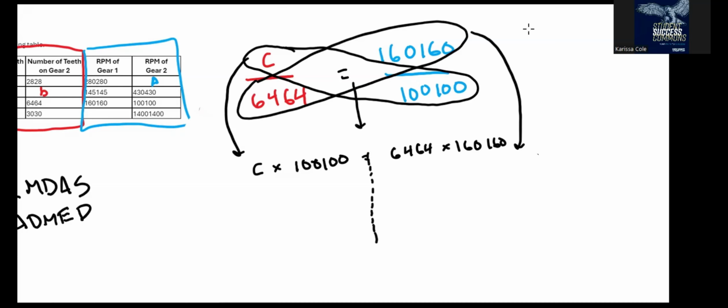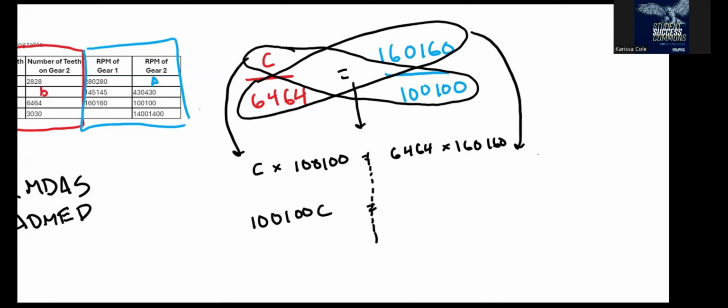You might see it written perhaps with the number first, and then parentheses with the letter, parentheses. I don't think I like that one too much. I think I'm gonna go with the 100,100. I'm gonna slap the C on there, and the multiplication is implied. So that's on my left.